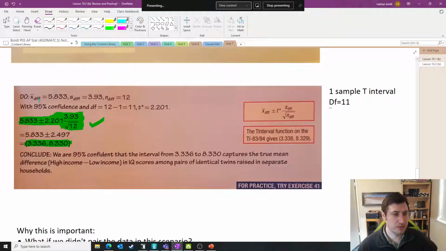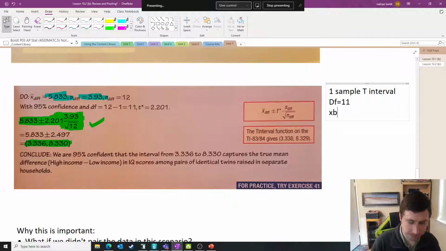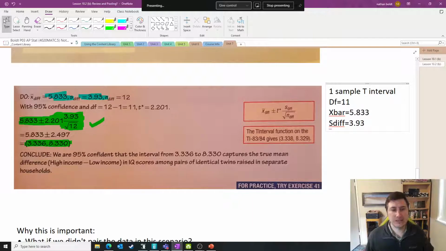So they do have the mean and the standard deviation right here. And so that's what they were using. So x bar is equal to 5.833, sorry, and the standard deviation of the difference is equal to 3.93. Now again, that either has to be given to you or you got to type it into your calculator to figure it out.